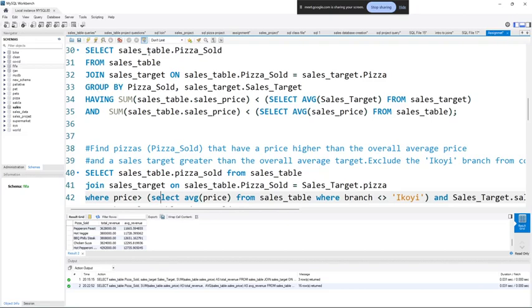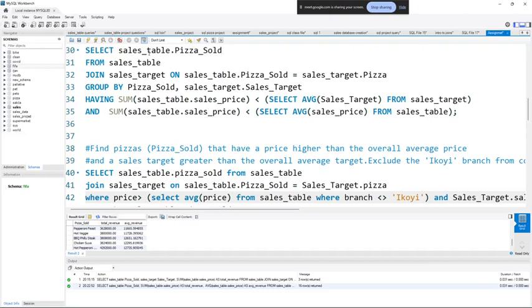So I'll say join sales target on sales table pizza sold equals sales target pizza sold. The only place you can get sales target is from the sales target table. That is the reason why I'm joining it.